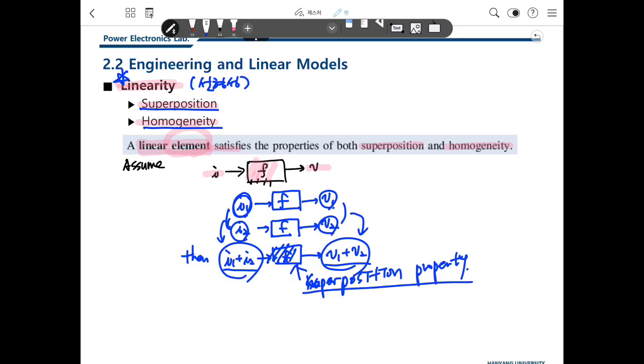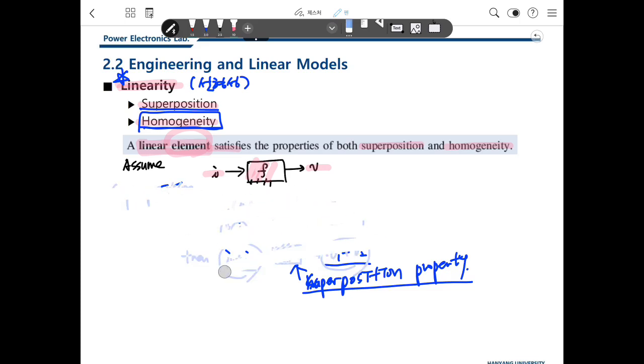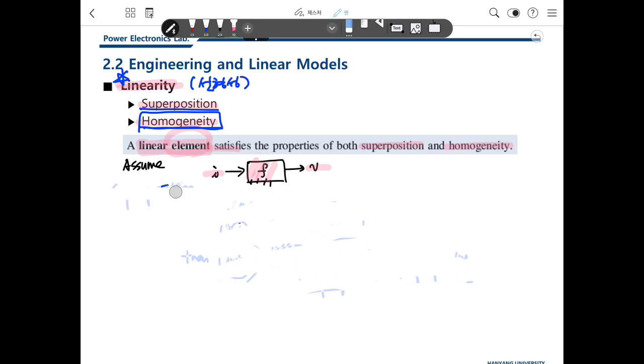And we will talk about another thing. Another thing is homogeneity. Homogeneity is different. Next is homogeneity.